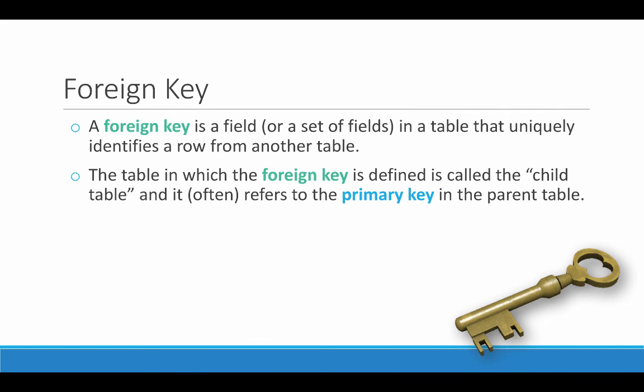A foreign key is a field or set of fields in a table that uniquely identifies a row from another table. Oftentimes the foreign key is the primary key from another table, making it a unique key in the table that you're on. The table in which a foreign key is defined is called the child table, and it often refers to the primary key in the parent table.